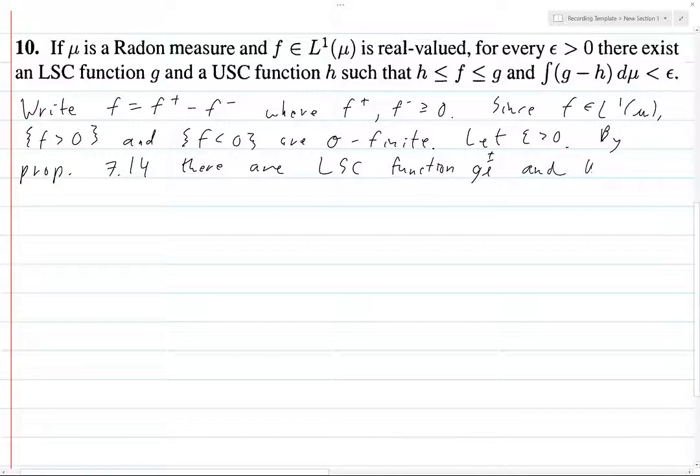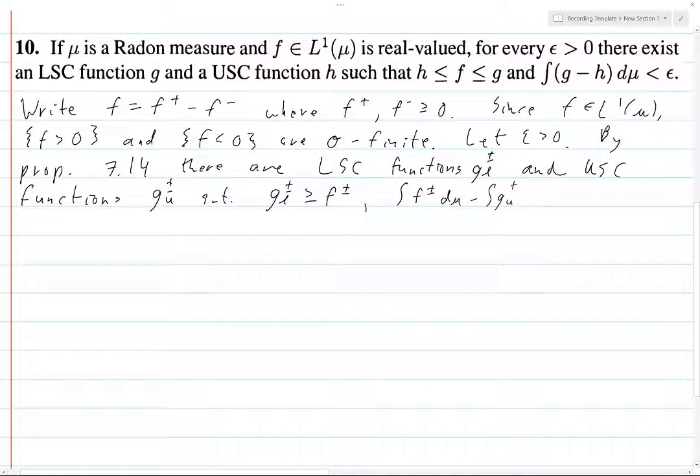And we've also got upper semi-continuous functions, and these are GU plus minus. And these are such that each of the lower semi-continuous functions is greater than or equal to the corresponding f.